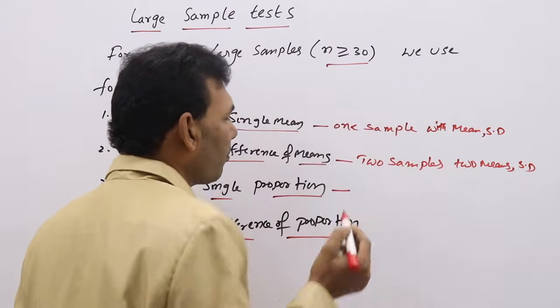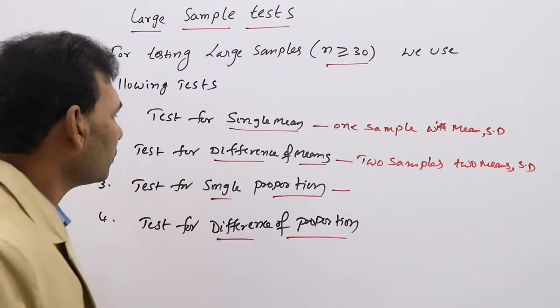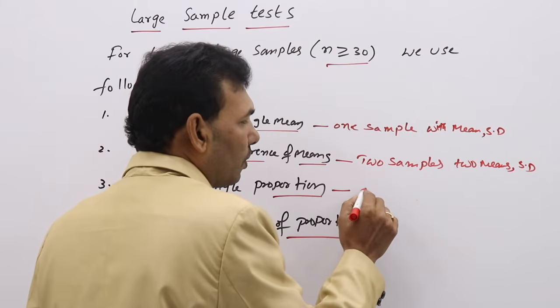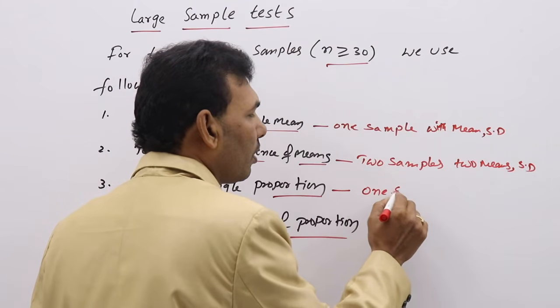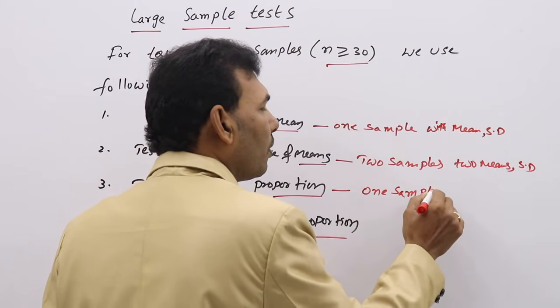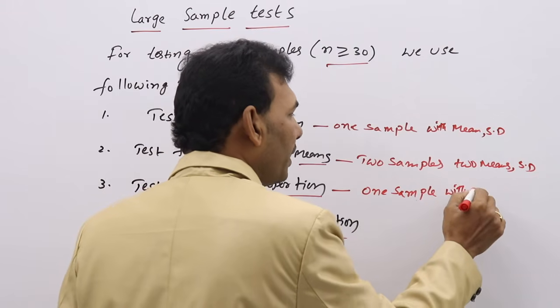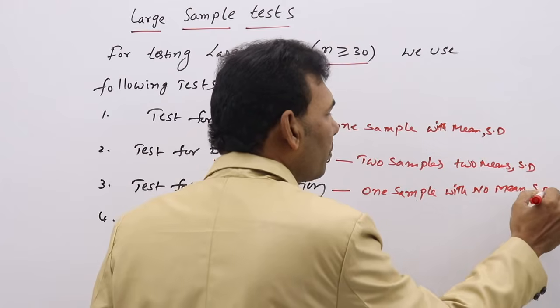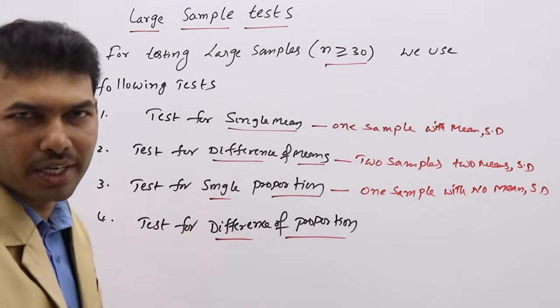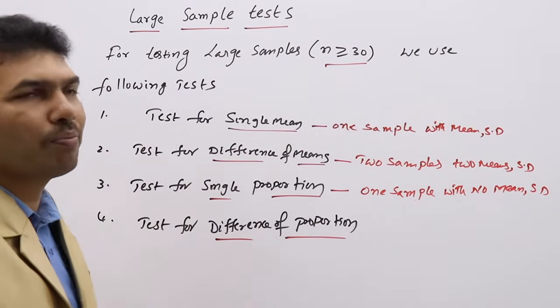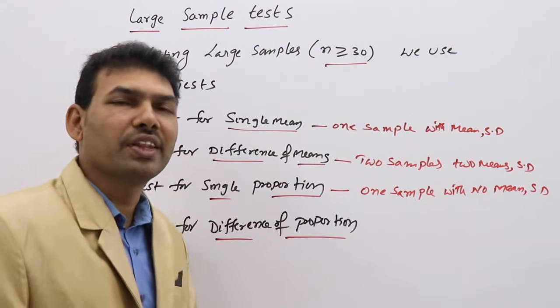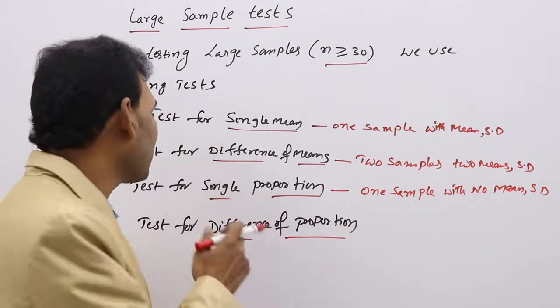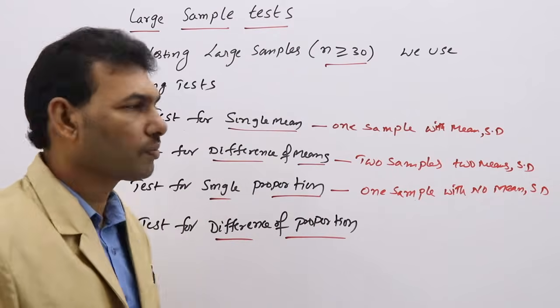Test for single proportion: one sample with no mean and SD. There is no discussion about mean and SD in the proportion test. Simply we have one sample with one value. With less data we can test a single proportion.